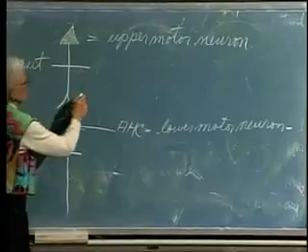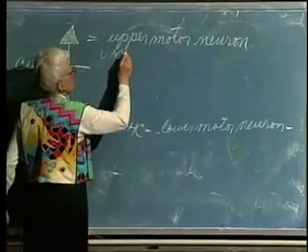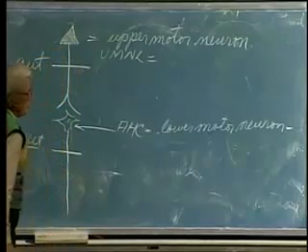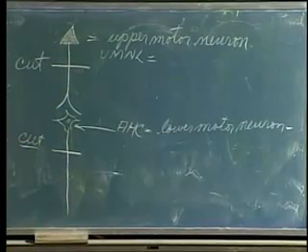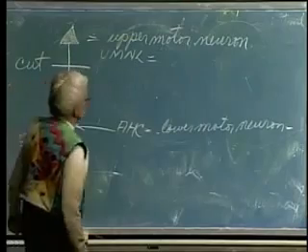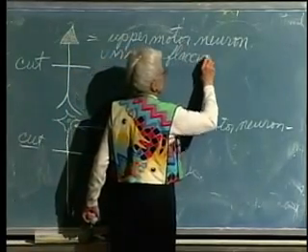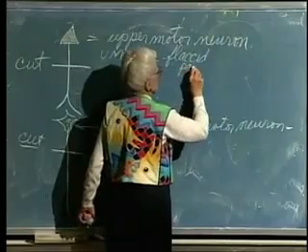So this is called an upper motor neuron lesion. And we'll see various clinical symptoms. The first is called flaccid paralysis.